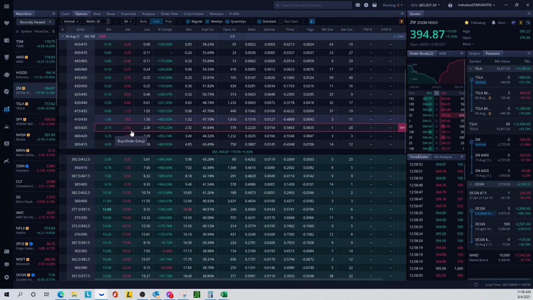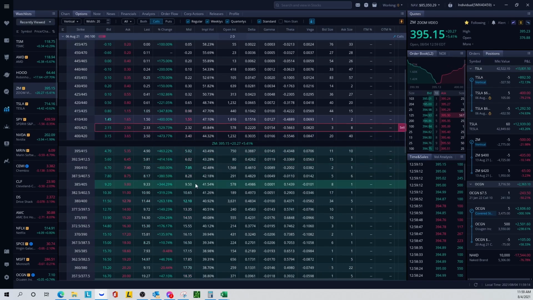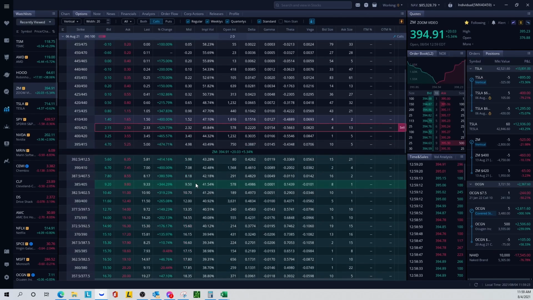Some stocks' options may not trade that closely, so the spread may not be that narrow. In that case, you've got to understand what it means for your entry and, more importantly, your exit, because if you try to exit prior to expiration, it may be hard to exit the trade unless you adjust your price closer to the ask.